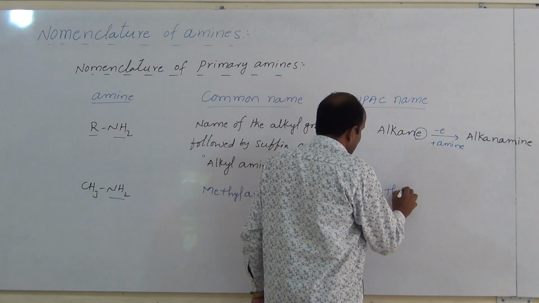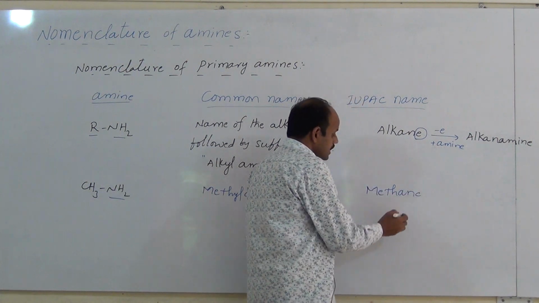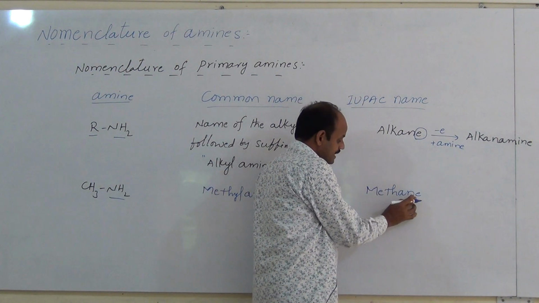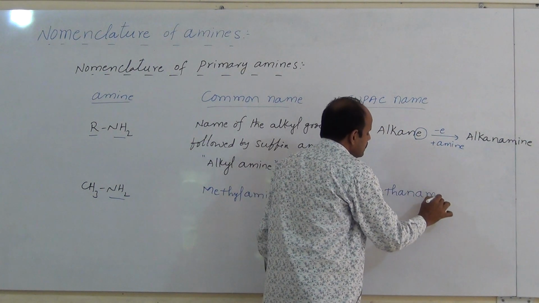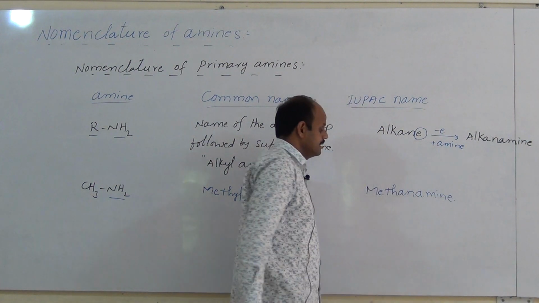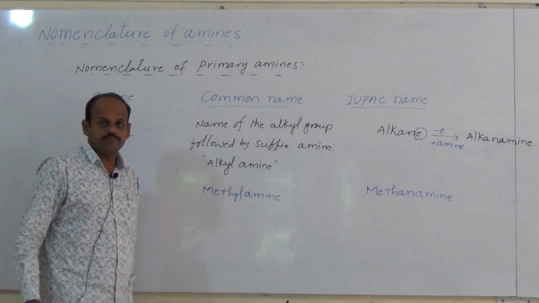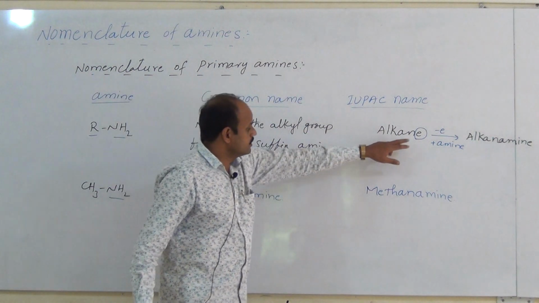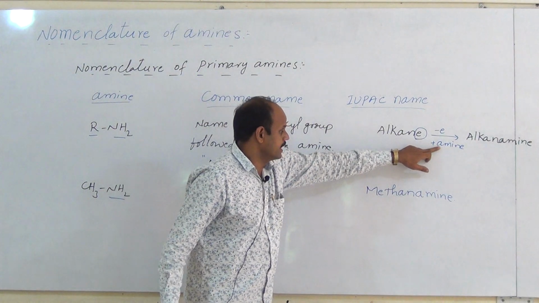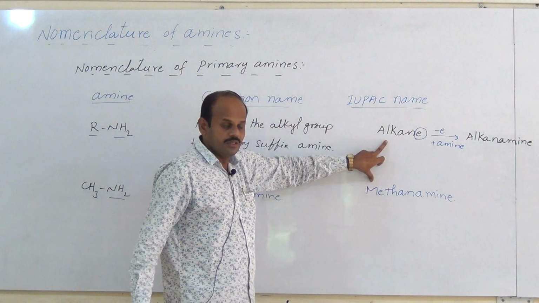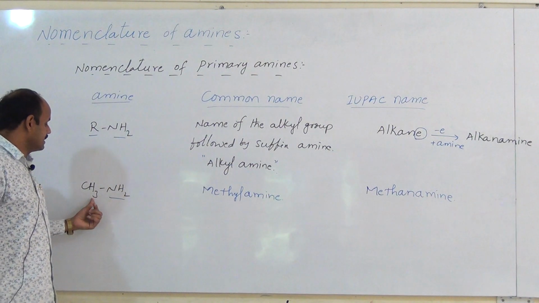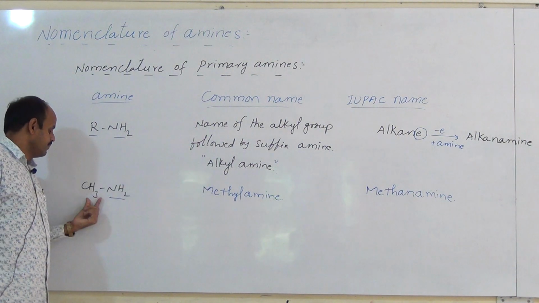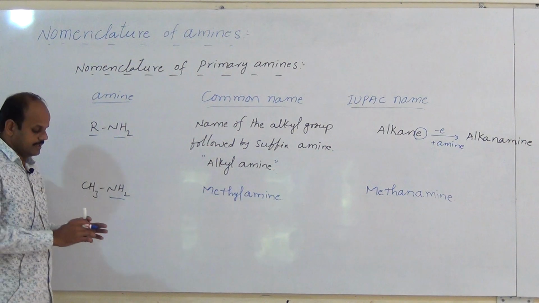One carbon alkane is methane. In methane you remove this E and keep amine. Thus we get methanamine as the IUPAC name. Hence CH3NH2 means methylamine is the common name and methanamine is the IUPAC name.